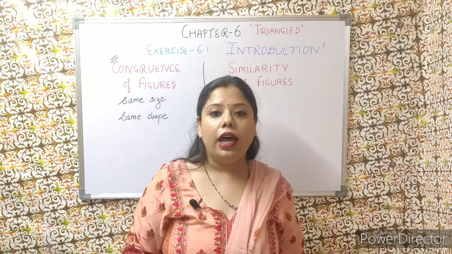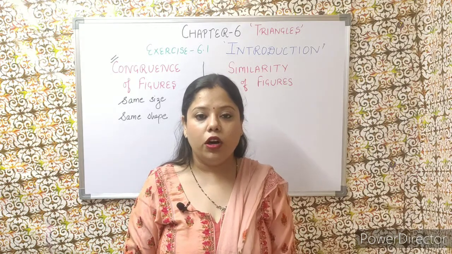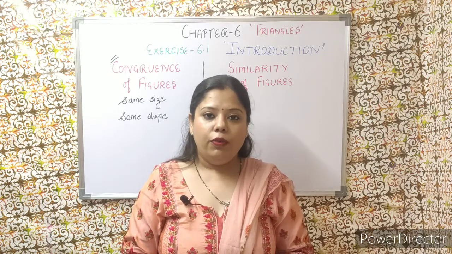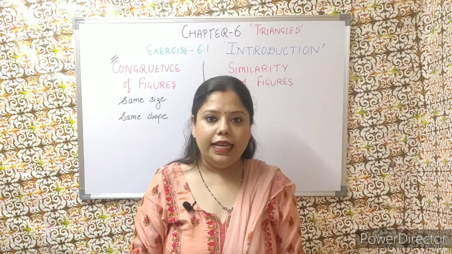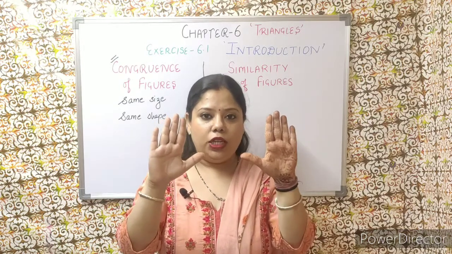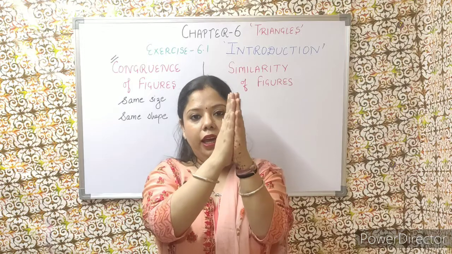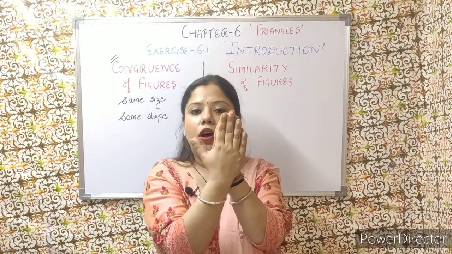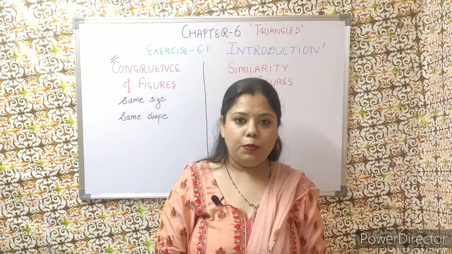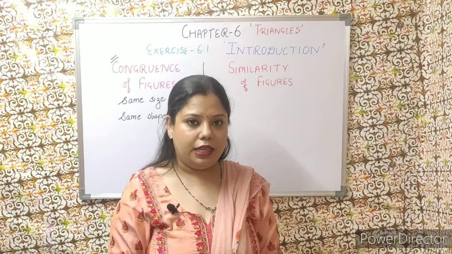Similarly, your hands are the best example of congruency. How? Because the hands of every person are of equal size and equal shape. You see my hands, they are of the same shape and they cover each other properly because they are of equal size. So this was the concept of congruency with some examples.